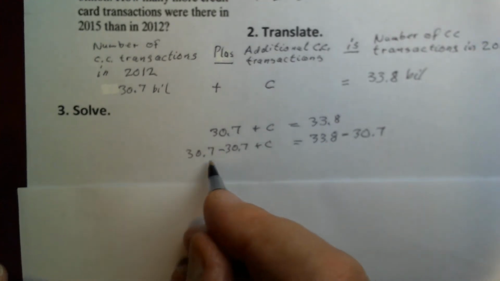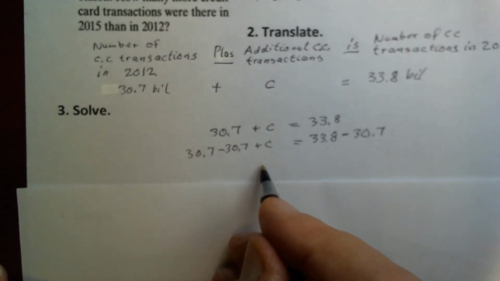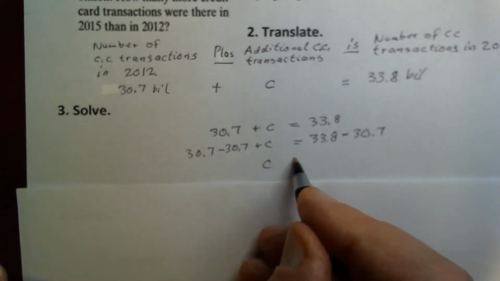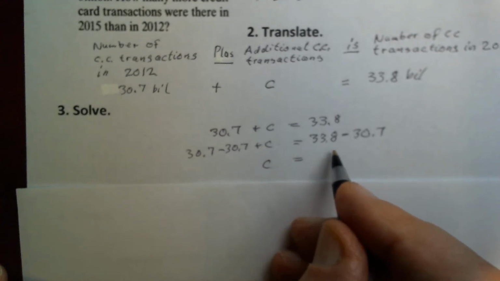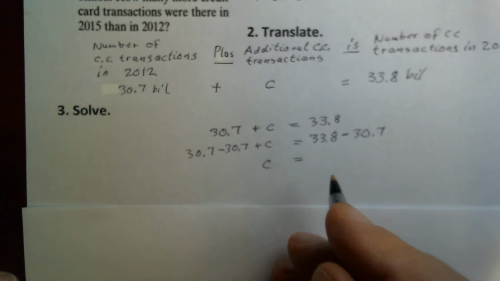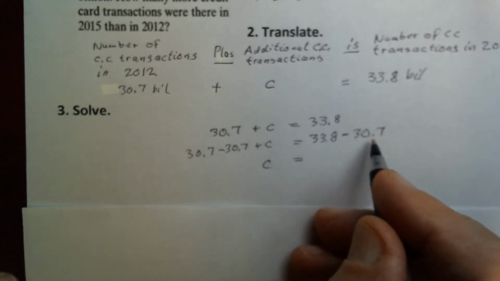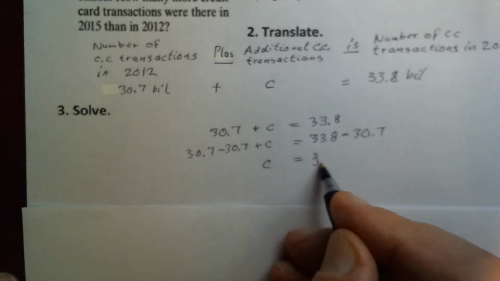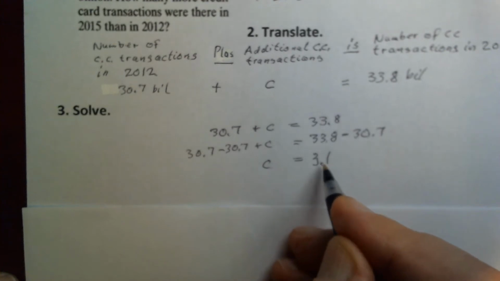So on the left side now we only have C because 30.7 minus 30.7 is 0. So C equals 33.8 minus 30.7. So 33.8 minus 30.7 is 3.1 billion.